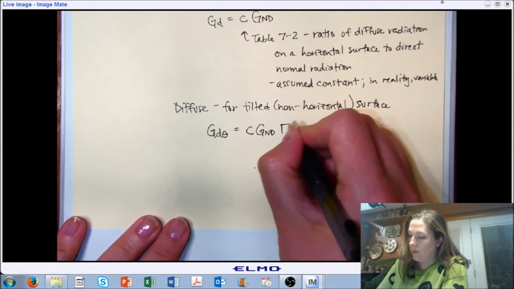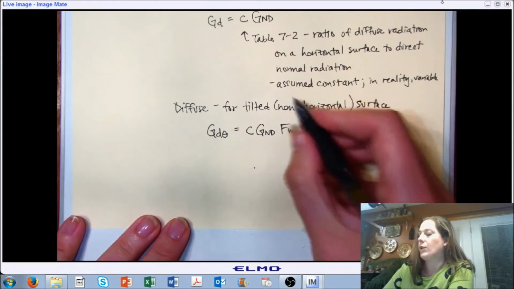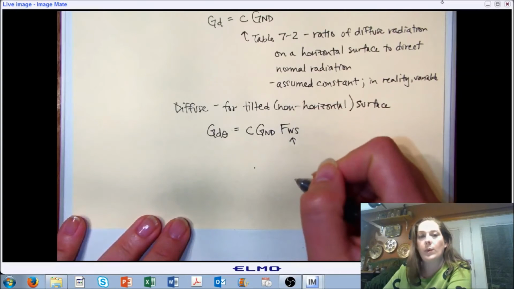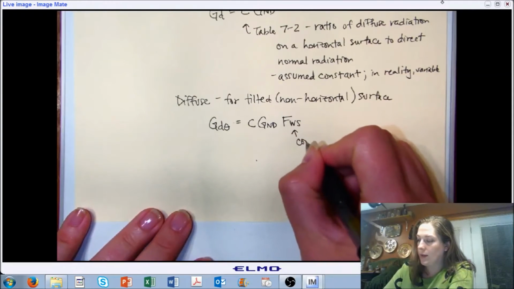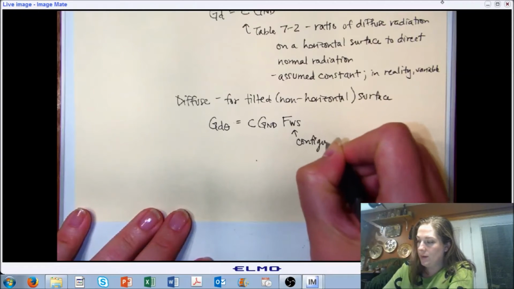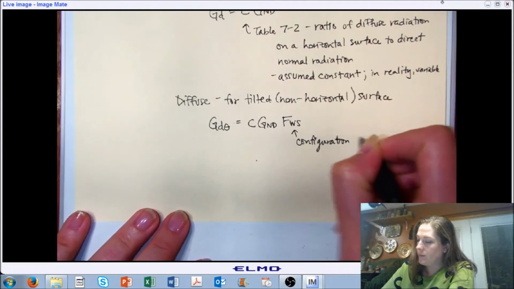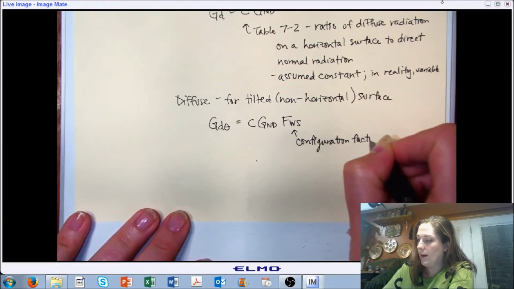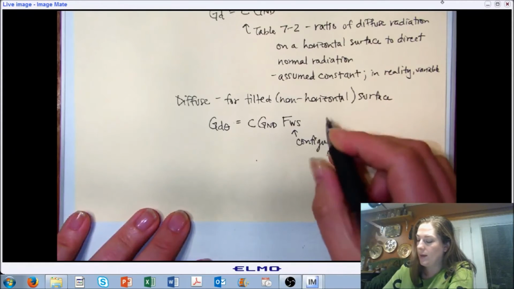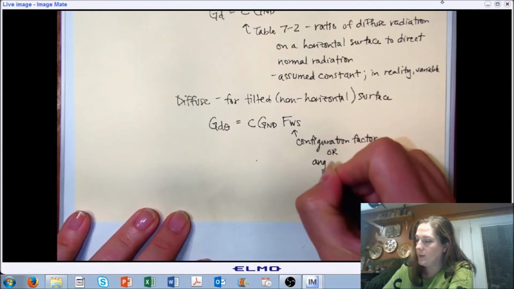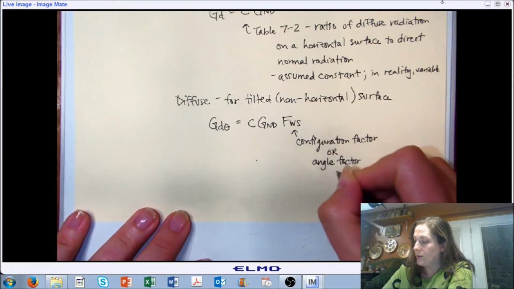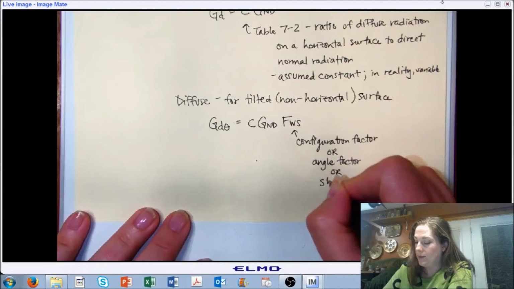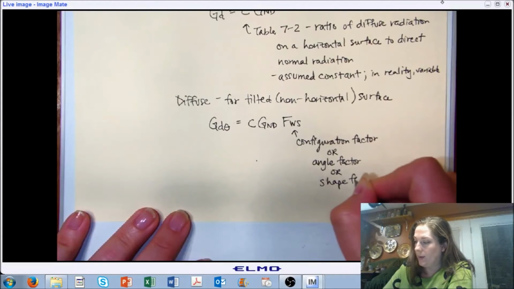And we're going to make that correction using a configuration factor. If you recall, when we looked at radiation in the heat transfer section, we've heard of configuration factors before. And as with many cases, there's a number of different names. So it could be called the configuration factor, it could be called the angle factor, it could be called the shape factor, all referring to the same thing.